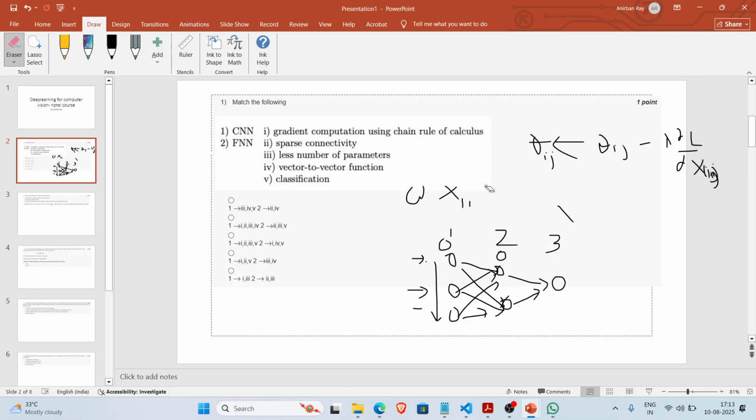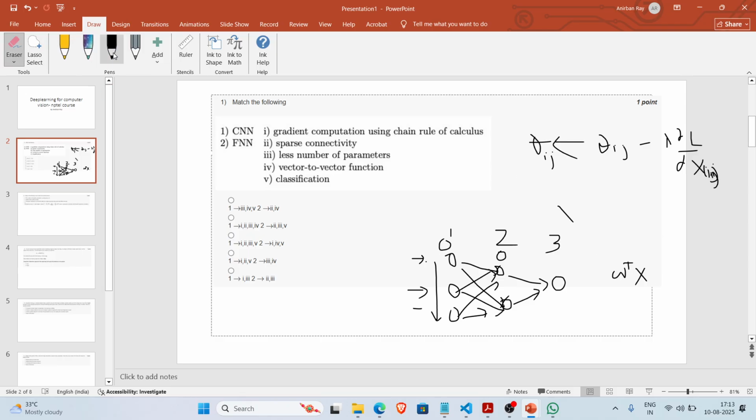So in the forward pass, you'll have this W transpose X plus the bias term, or we can take the bias term into this one.